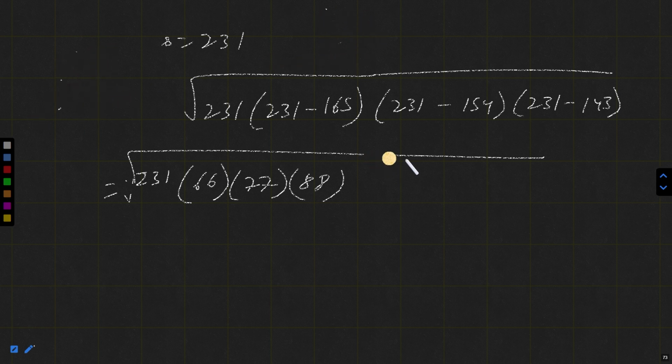Now let's just take out the pairs from this root.